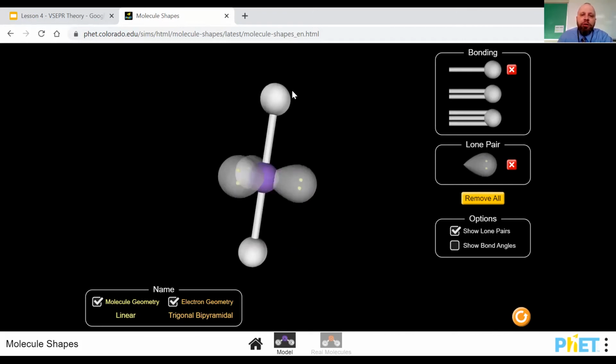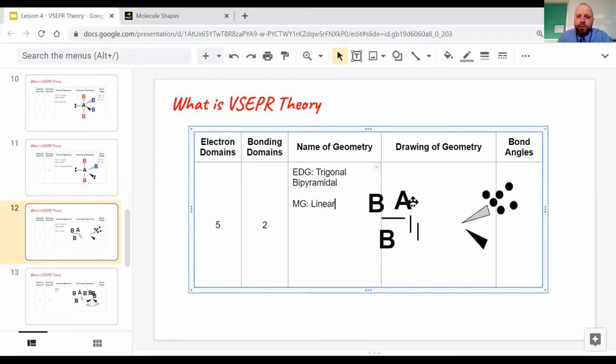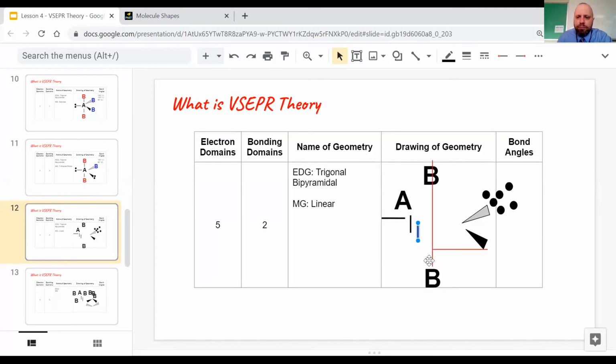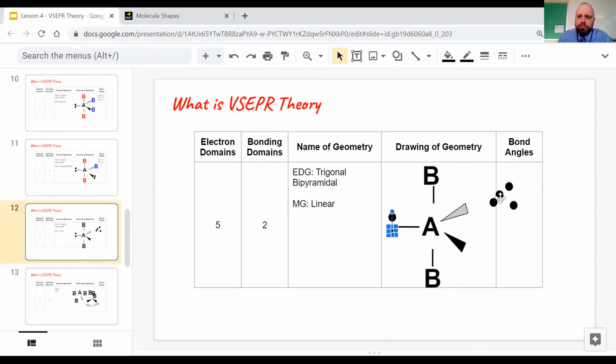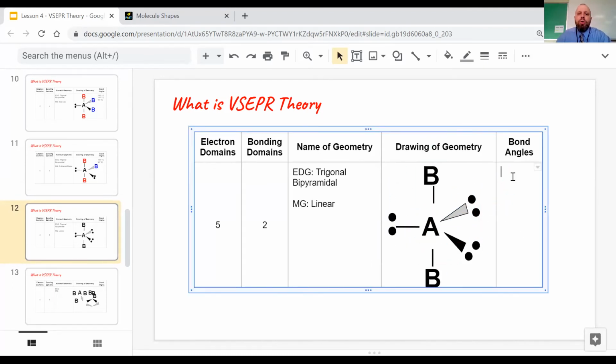So that is a 180-degree bond angle there. I'll make my drawing real quick. Okay, so looking at the one bond angle that we have here, we have a 180-degree bond angle, and we have just one of them.